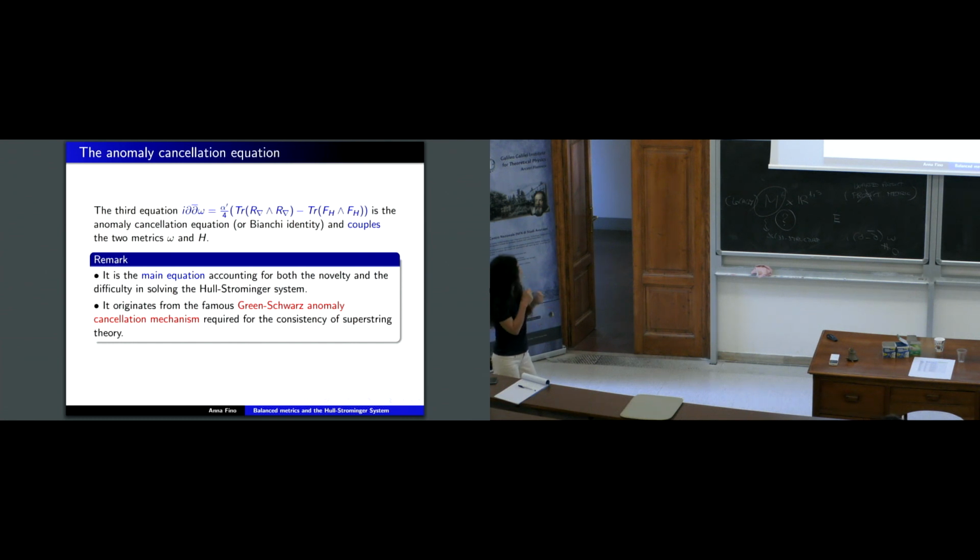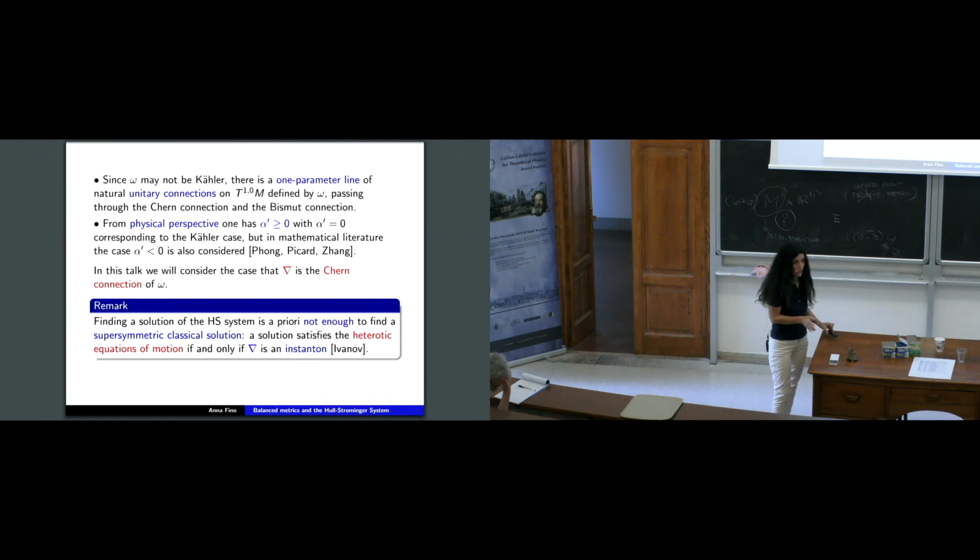That is exactly the more difficult equation to solve, essentially, because the first two you can solve, though the second is maybe less easy than the first. But the third one is a more involved equation.